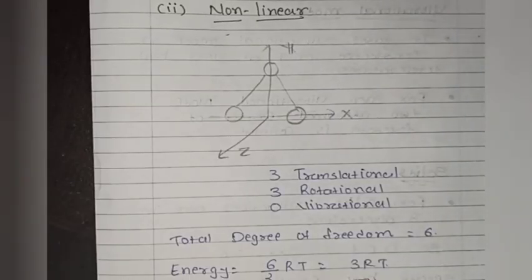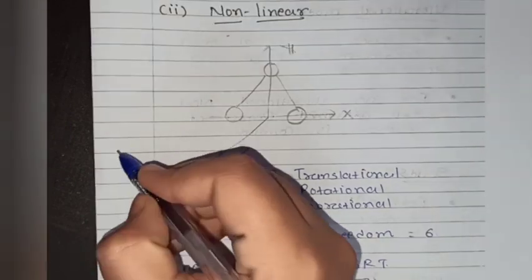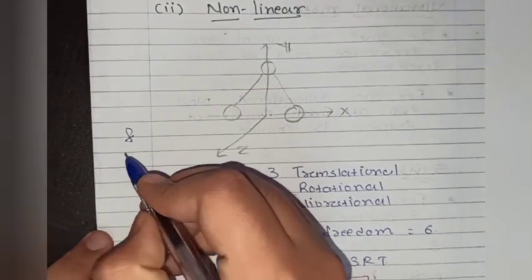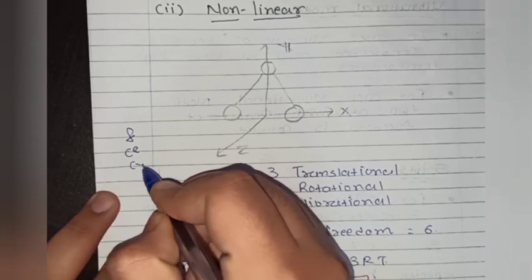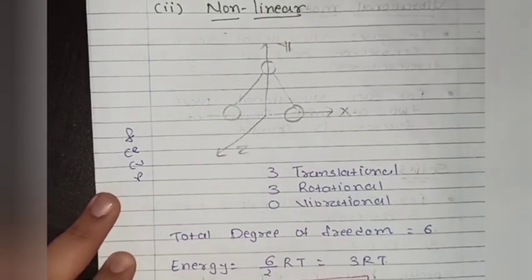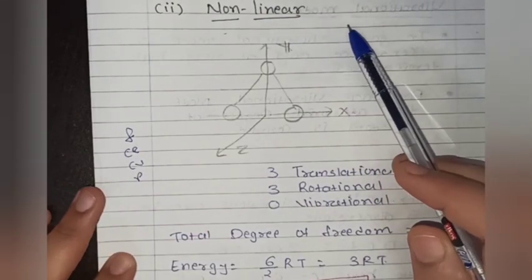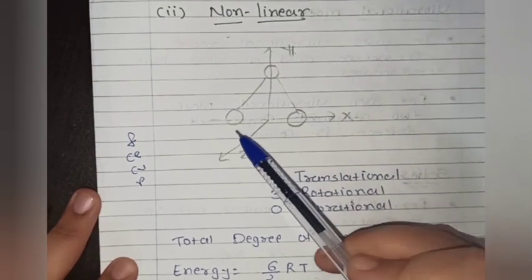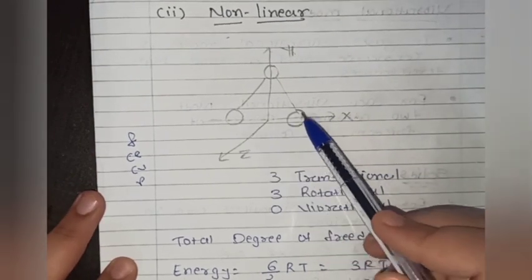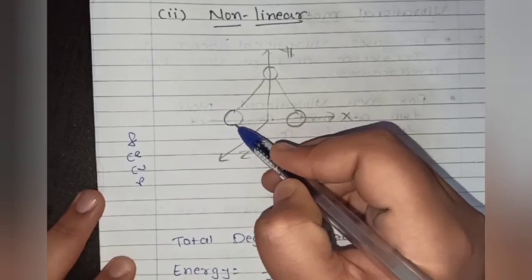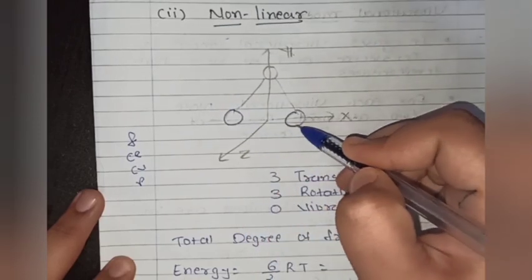Now let us find degree of freedom, Cp, Cv and gamma for non-linear triatomic gases. Let's say this is a non-linear triatomic gas. These are 3 atoms.